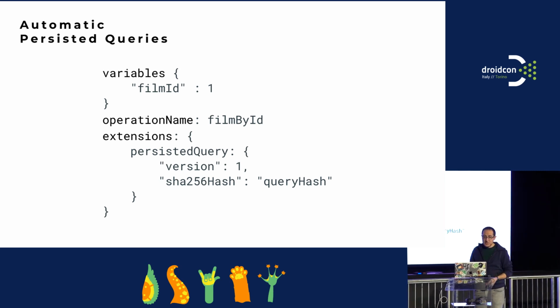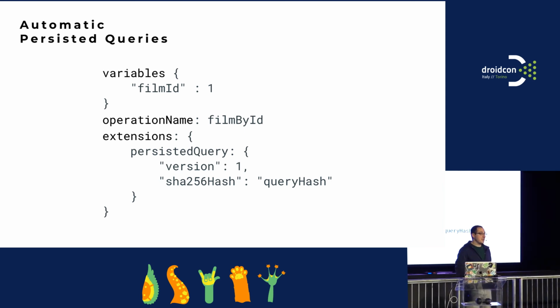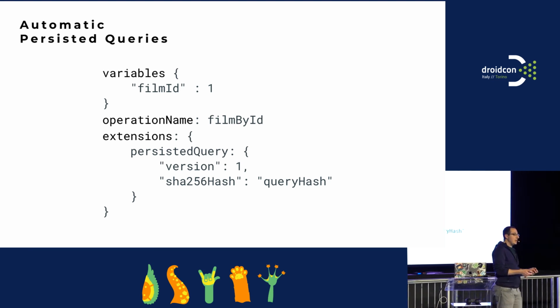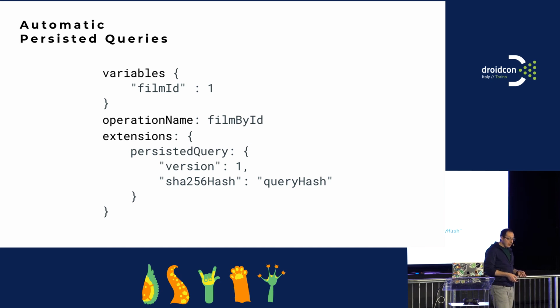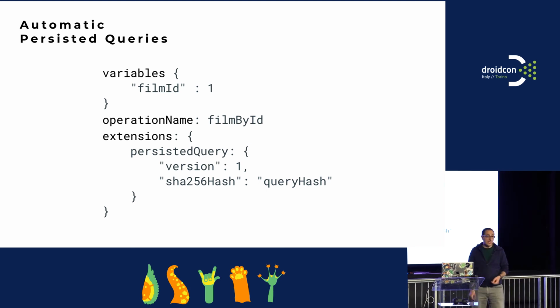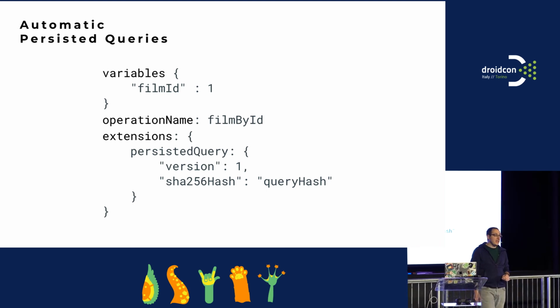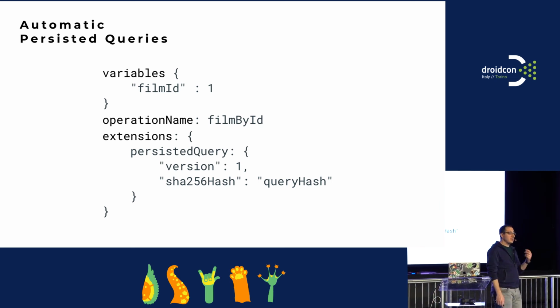So instead of sending the whole query, we just send 3 specific pieces of data, which are variables, the operation name, and the version of the persistent query, and we can actually know what query to execute. So we were really under the 8 kilobyte limit, because our request was actually not much more than this. It only had a bunch of parameters more. So we were really not close anymore to the 8 kilobyte limit.